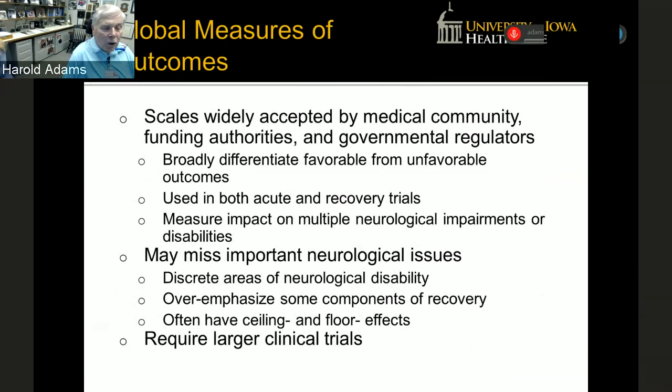However, such global measures may miss discrete areas of neurologic disability and may overemphasize some components of recovery, particularly motor, and often have ceiling and floor effects. In addition, global measures of outcomes usually require much larger clinical trials.